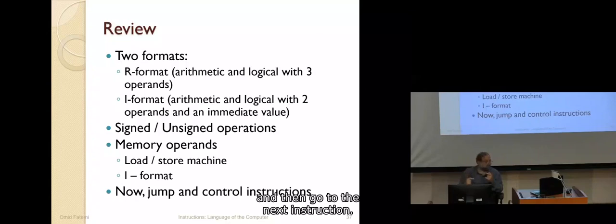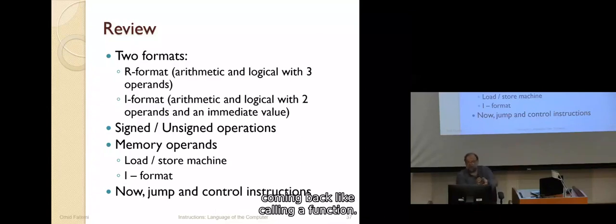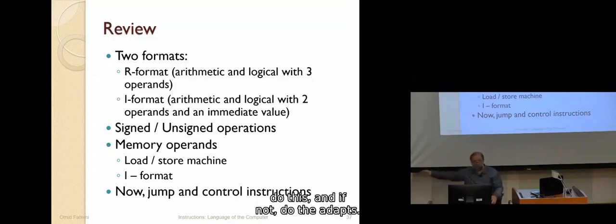This is the typical path of executing a program. But sometimes we change these paths and go somewhere else, like jump to somewhere and then come back. Like calling a function and then returning from the function. Like having a branch and a condition: if this is greater than this, do this, and if not, do that.